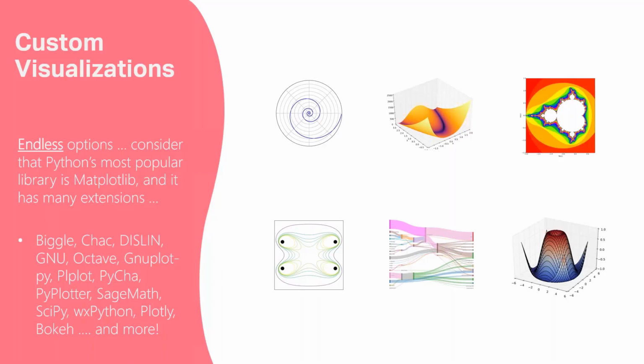So when we think about custom visualizations, either through R, Python, or our do-it-yourself JavaScript bridge, the opportunities are endless. In Python, there's Matplotlib, which is what we're going to use today amongst a few other libraries, and then there are many others, and on and on and on.